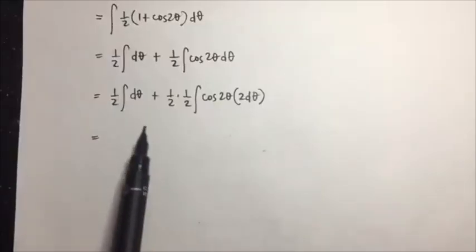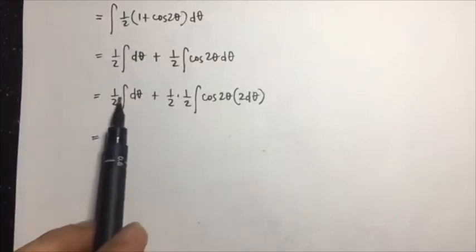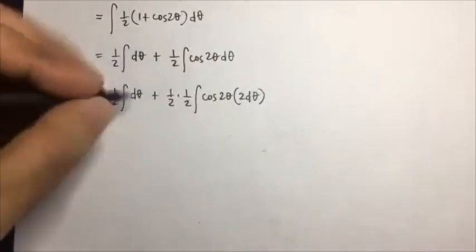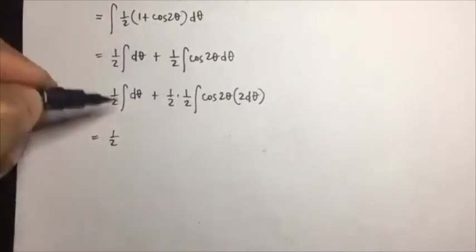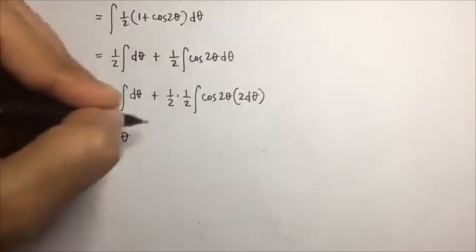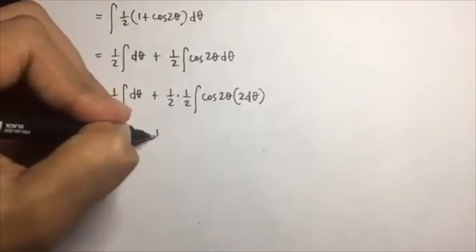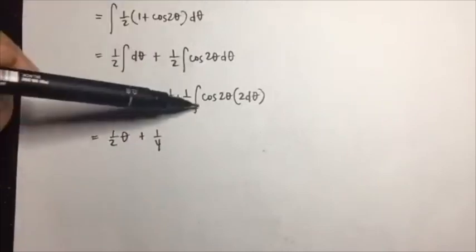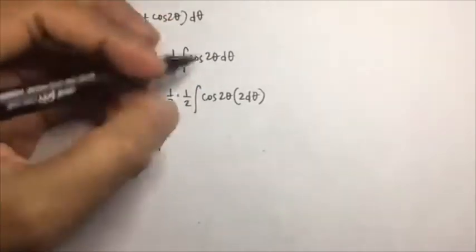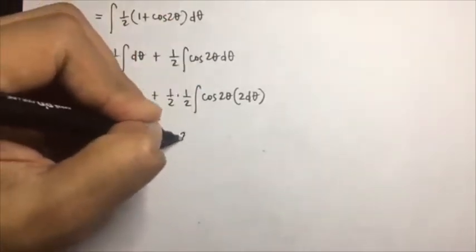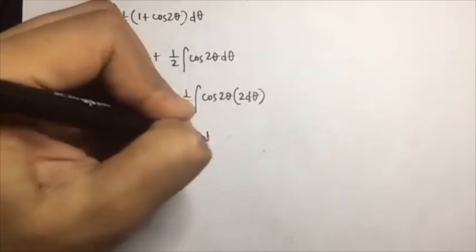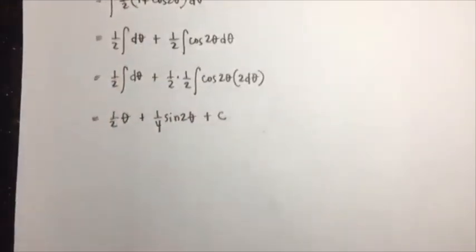So here we will have 1/2 integral of d theta is theta plus 1/4 integral of cosine 2 theta is sine 2 theta plus c.